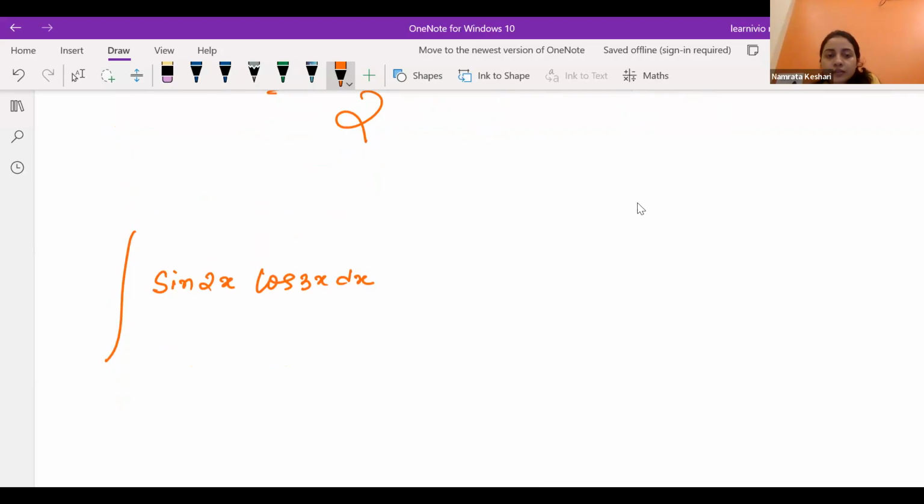What will be the formula? Sin x plus y, plus sin x minus y.